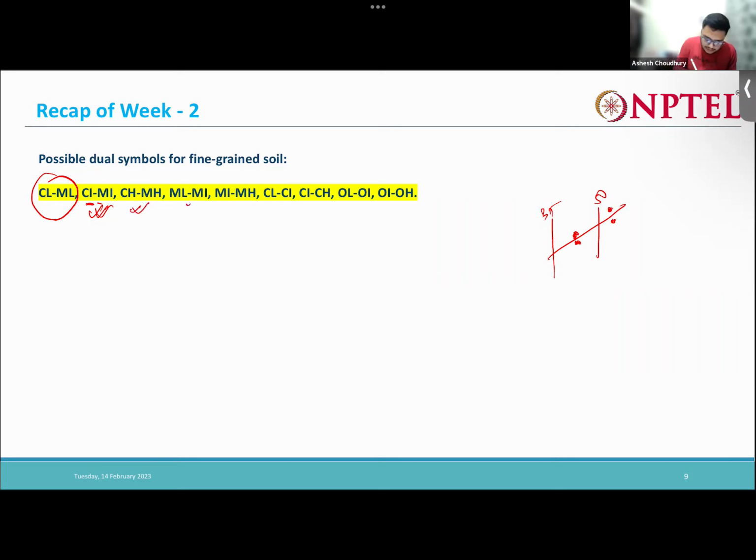And if it's below the A line, but very close to here, then it will be this one, ML-MH. If it's here, then it's CL-CI, then here, then CI-CH. Similarly also for organic soils.